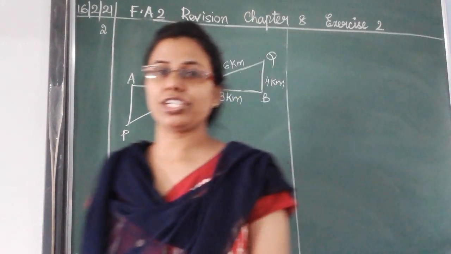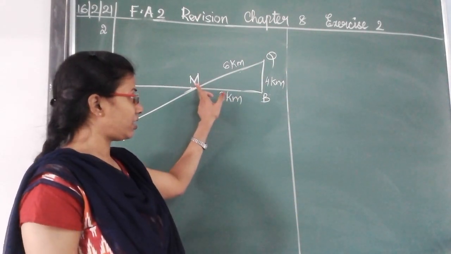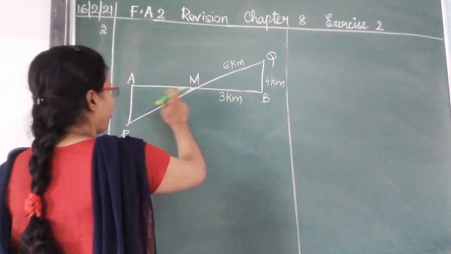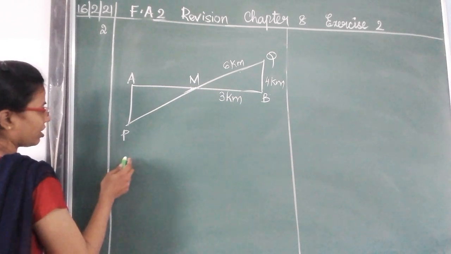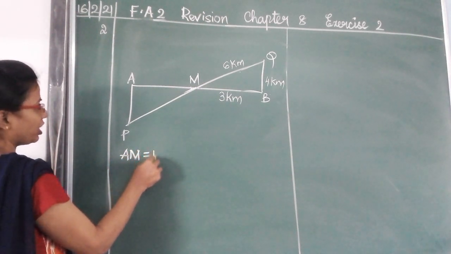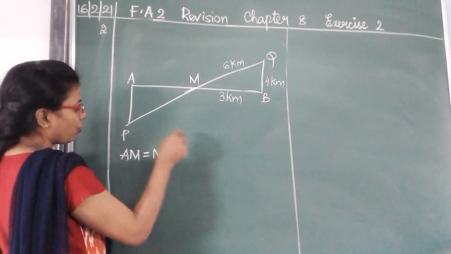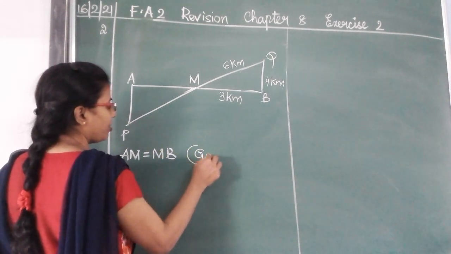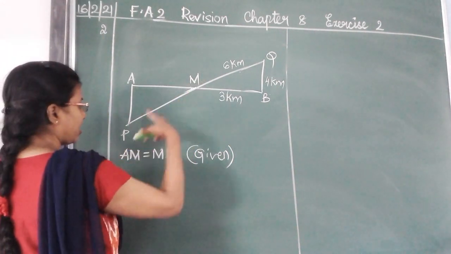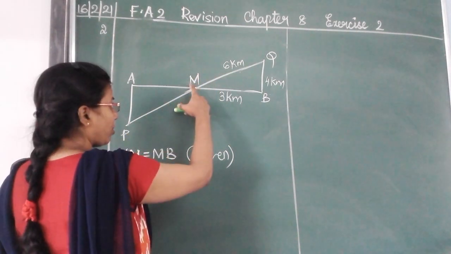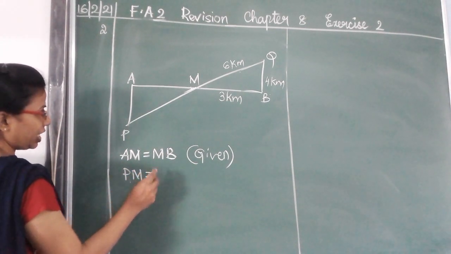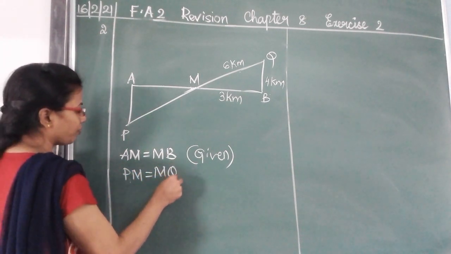So, here in the question, it is given that M is going to divide both A and B villages into equal parts. Okay? So, here you know that AM will be equal to MB. What is the reason? Because it is given in the question. Now, the next part they have given that M is also dividing PQ. So, PM will be equal to MQ.